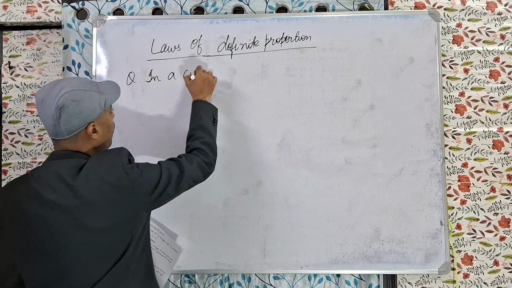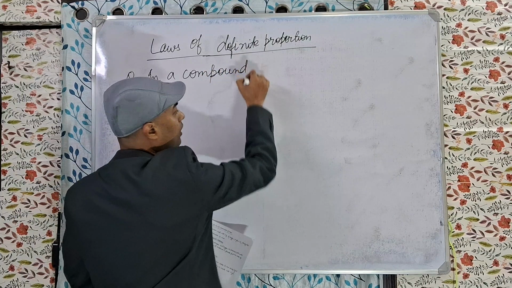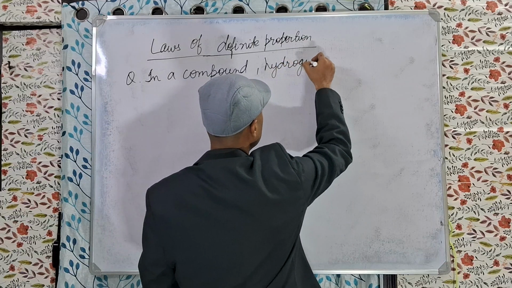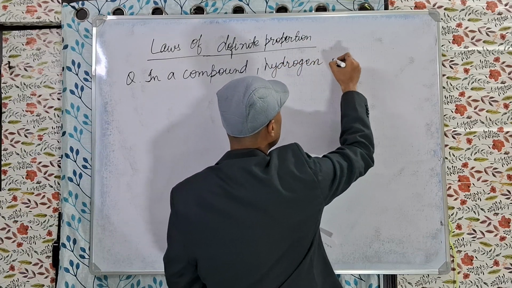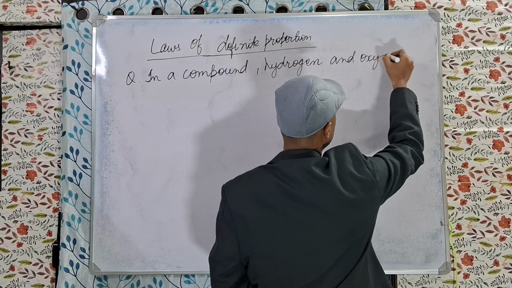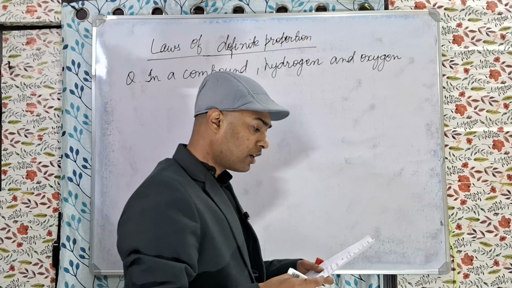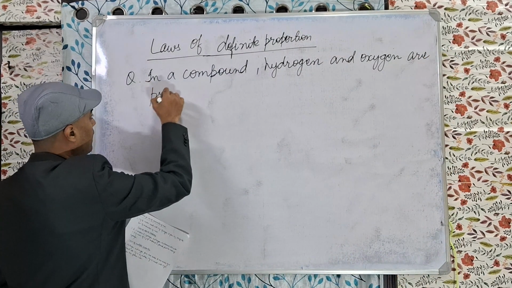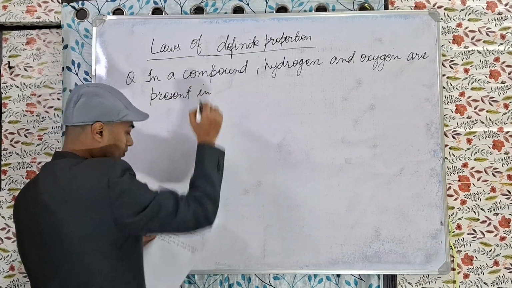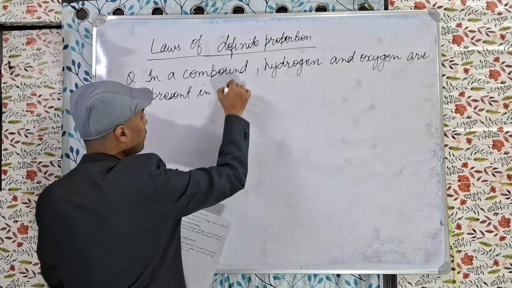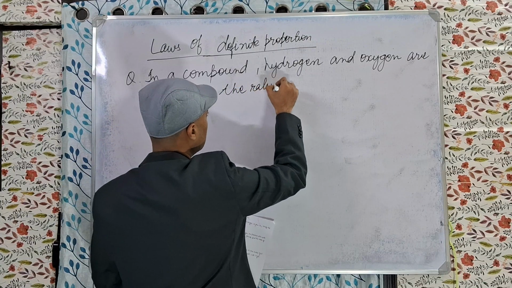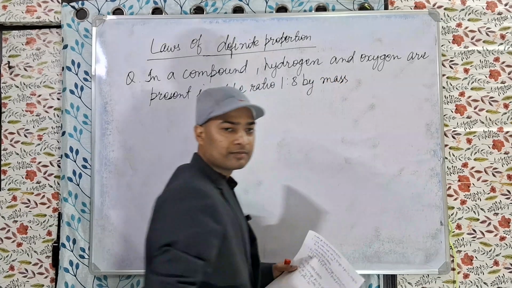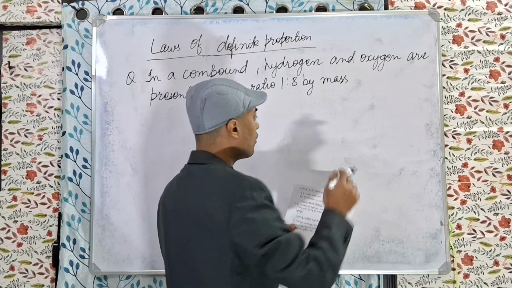In a compound, hydrogen and oxygen are present in the ratio 1:8 by mass.